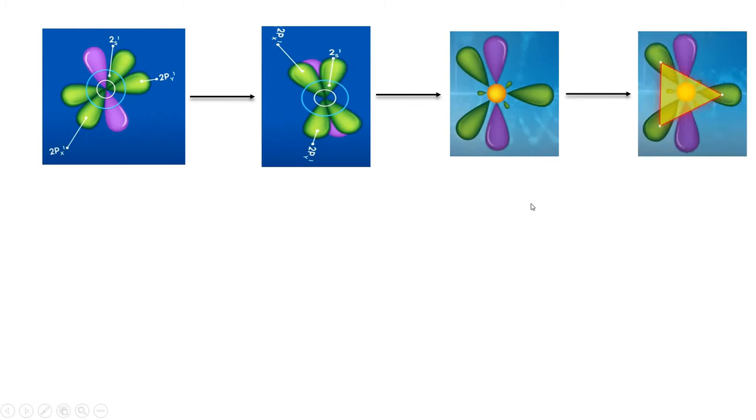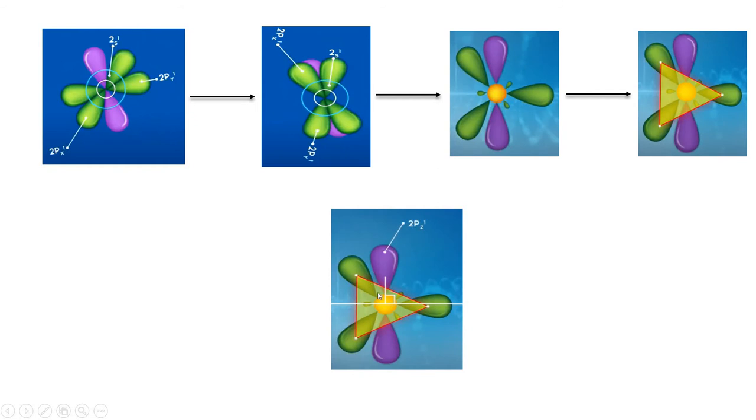So carbon after hybridization forms 3 sp2 hybrid orbitals. In this case, the 3 sp2 hybrid orbitals are oriented along the corners of a planar equilateral triangle, and the pz orbital is oriented at right angles to this triangle.